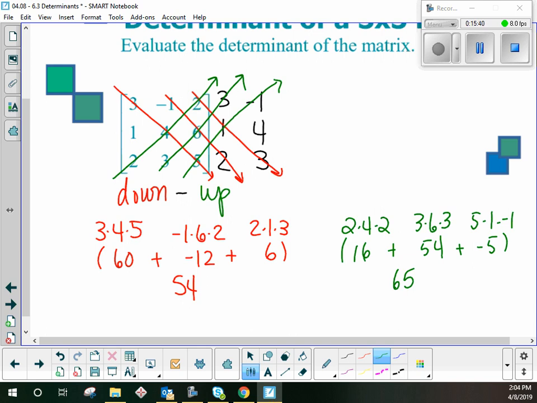So my ups are 54. I'm sorry, my downs are 54, my ups are 65. What am I doing with those two things? Subtracting. Then 54 minus 65 is negative 11.